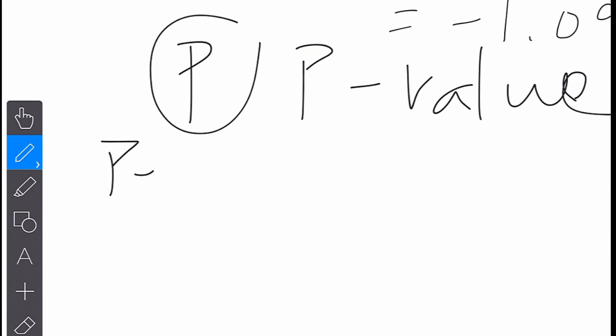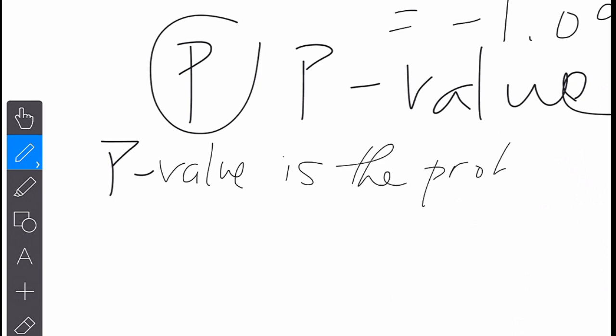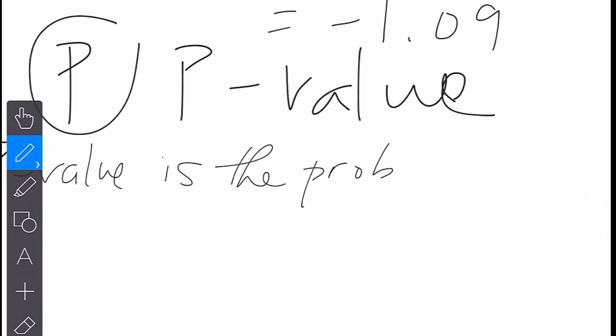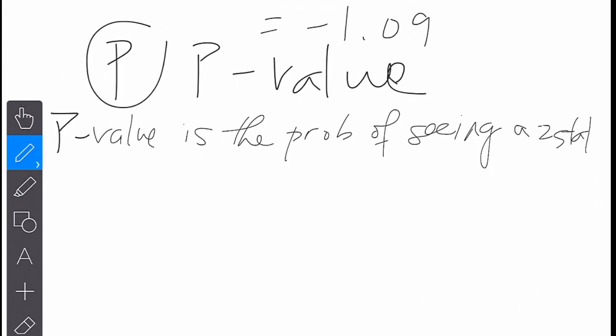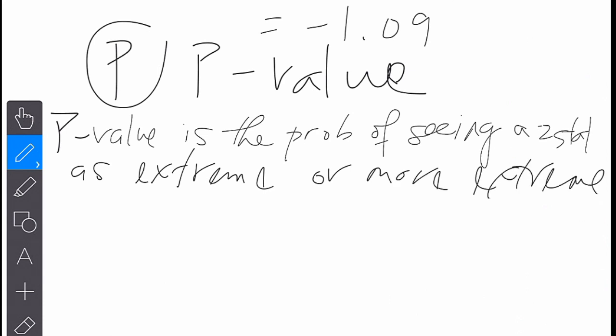The p-value is the probability of seeing a z-stat as extreme or more extreme given H not true.